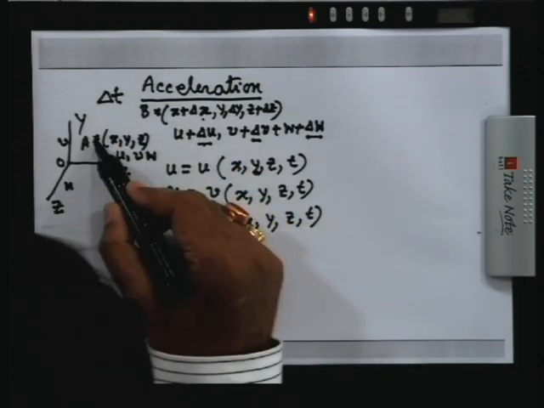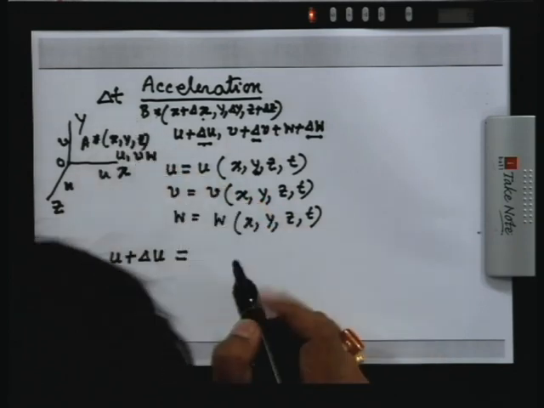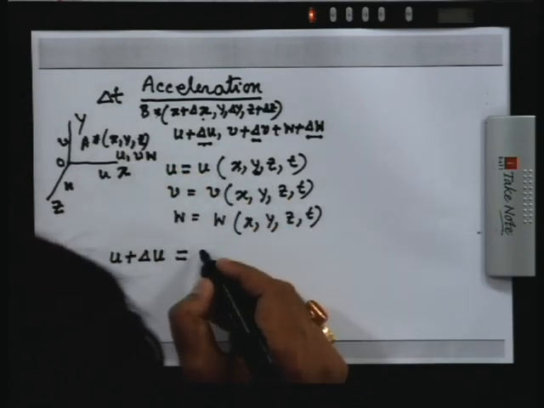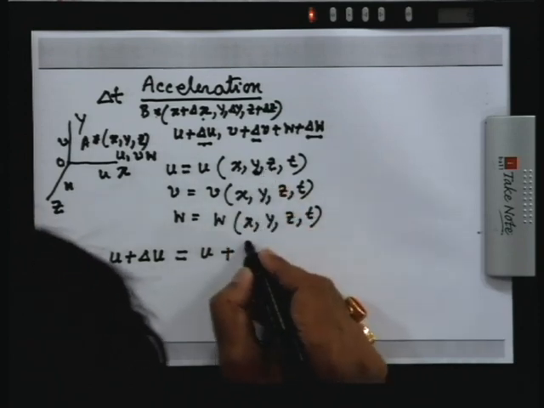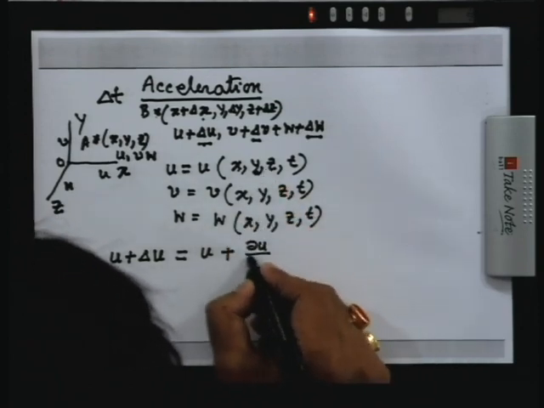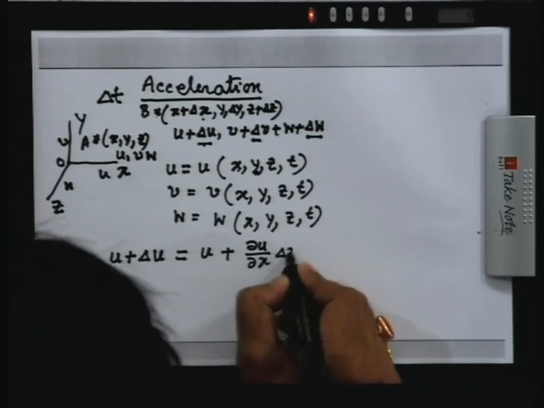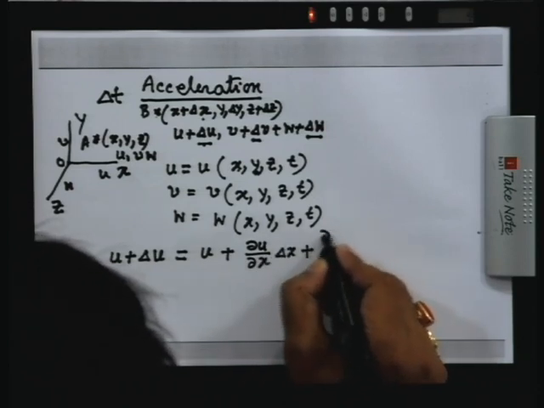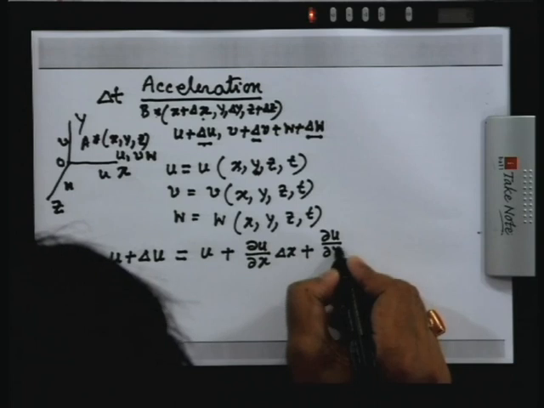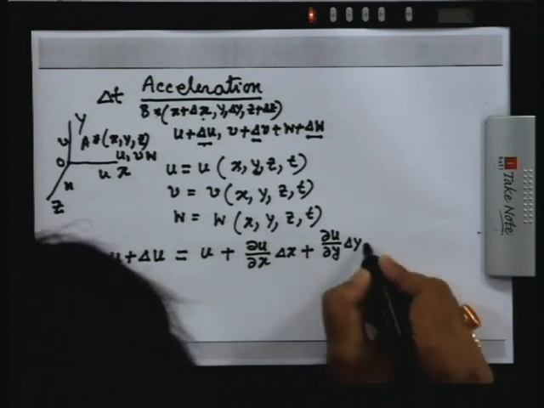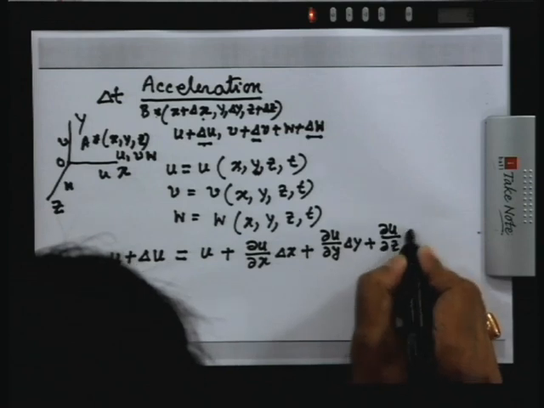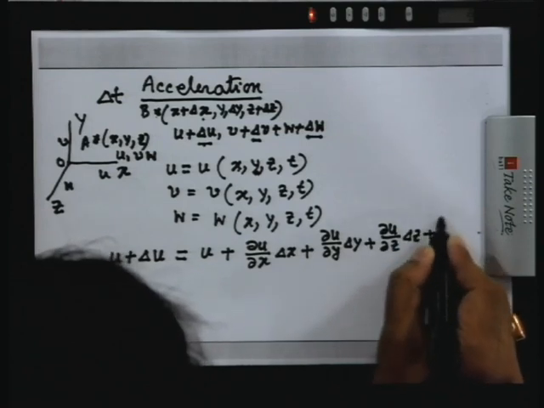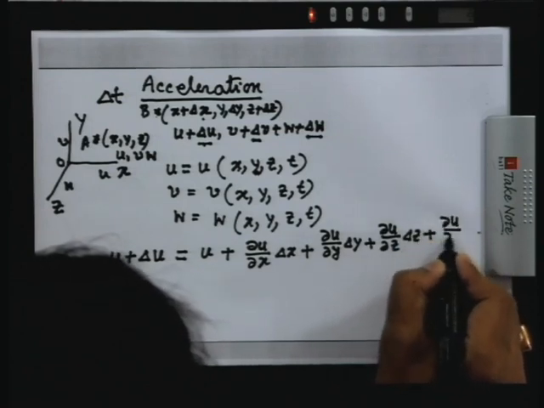Then we can expand this as u plus del u del x into del x, plus del u del y into del y, plus del u del z into del z, plus del u del t into del t.